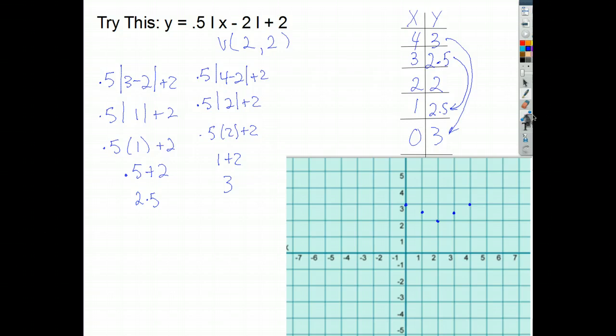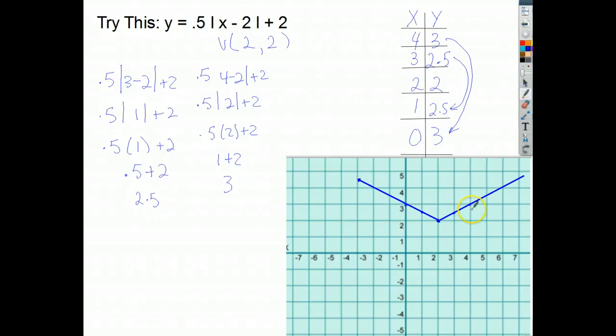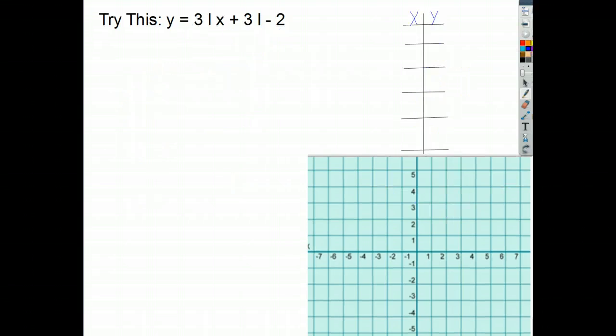Putting in our line, or graphing it. And what we have is a V that opens up that's wider than 90 degrees. That does not look like a corner of a sheet of paper. Okay? Let's give you another one to try.